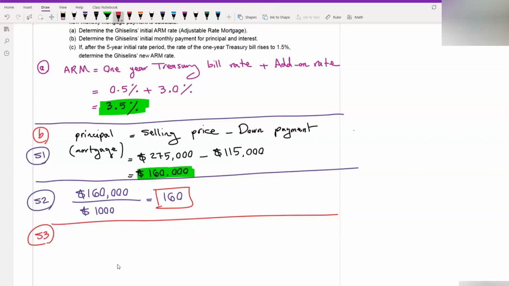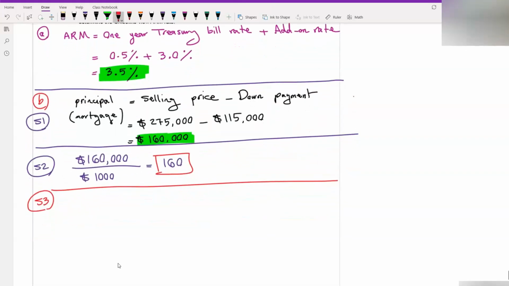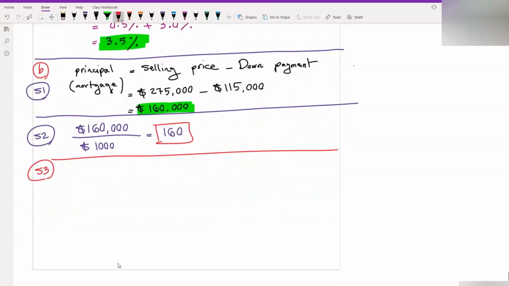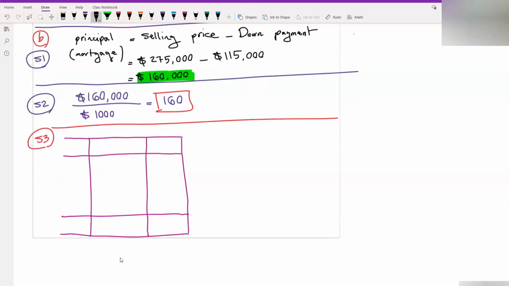Now step three. I'm drawing that table here. On top we have 15 years, and on the left column we have our rate, 3.5.